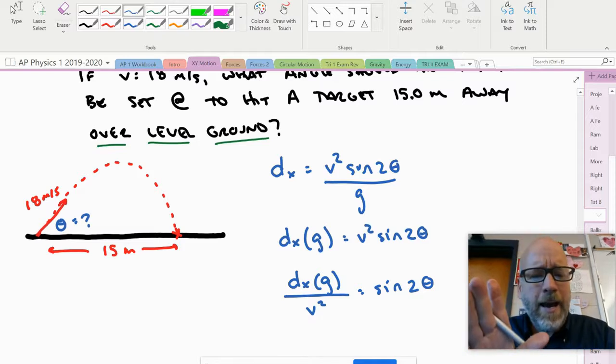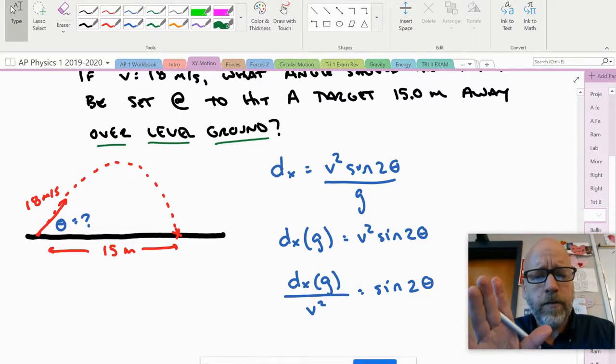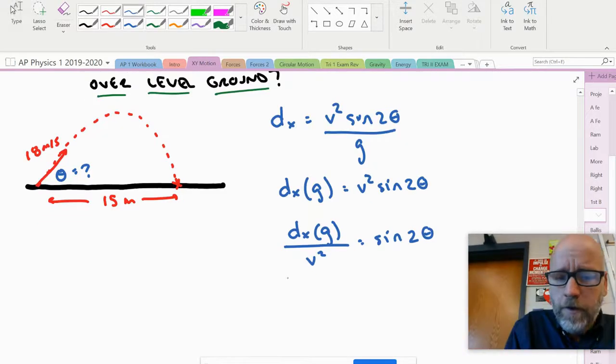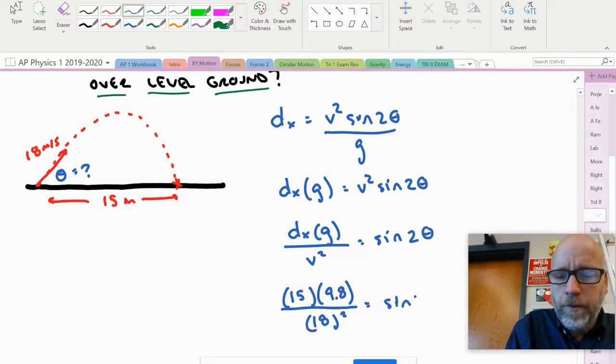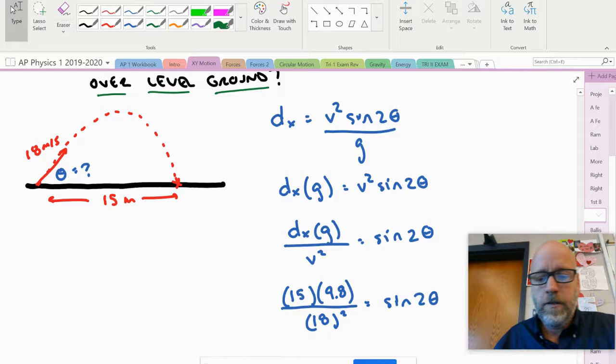And I think right now, I'm going to pause and plug in my numbers. Okay, so if I have a range of 15, gravity on Earth is 9.8, divided by 18 quantity squared. That will be equal to the sine of 2 theta.